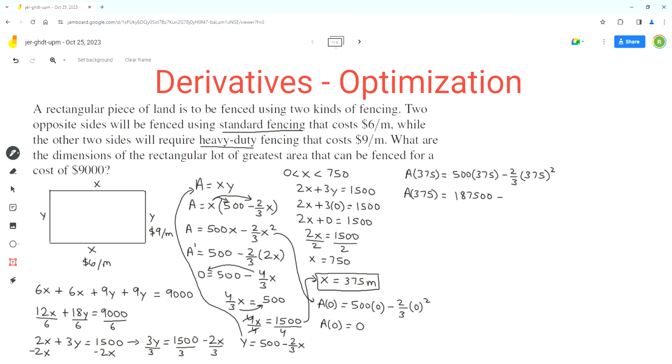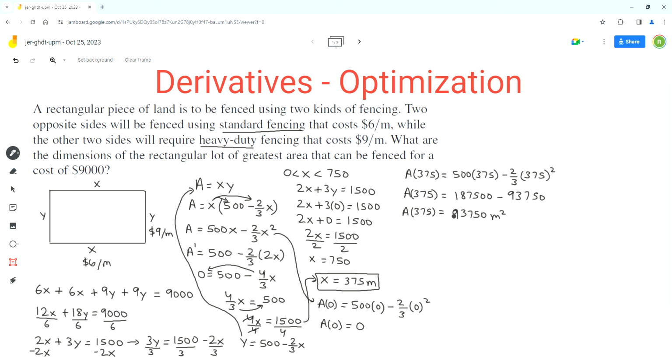So I got 93,750. And now we can subtract these terms. So area at 375 equals 187,500 minus 93,750, which is equal to 93,750. And the unit will be meter squared.